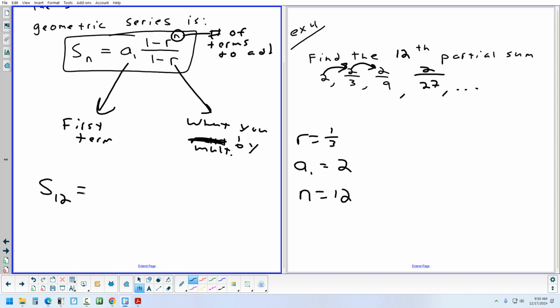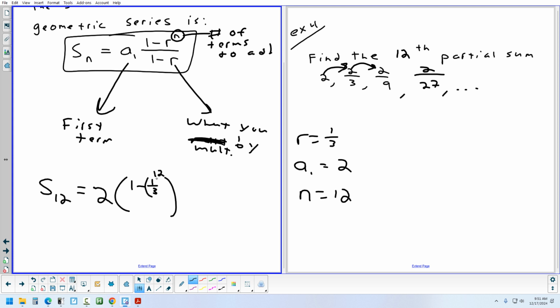Okay, what's the first term we're adding up? 2 times 1 minus, what did I multiply by each time to get from one to the next? 1/3. And how many terms are we adding up? 12.